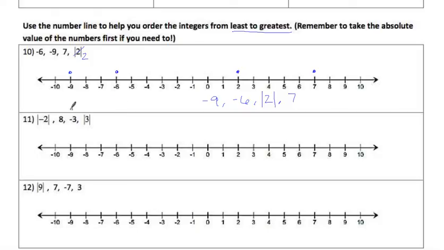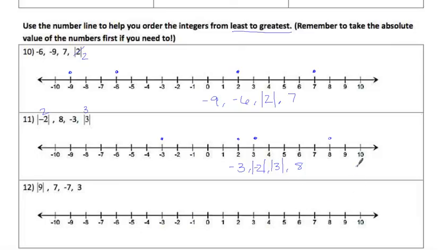If we look at number 11, we have 2 numbers that we need to take the absolute value of. The absolute value of negative 2 is 2. The absolute value of 3 is 3. If I put these all on the number line, I have 2, 8, negative 3, positive 3. Remember, I'm going from least to greatest, so it's negative 3, 2, 3, and 8. Put them back into original form. So this should be negative with absolute value, and this one should also have absolute value with it.